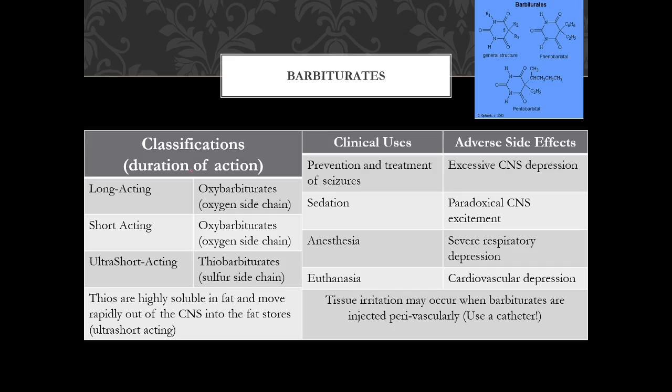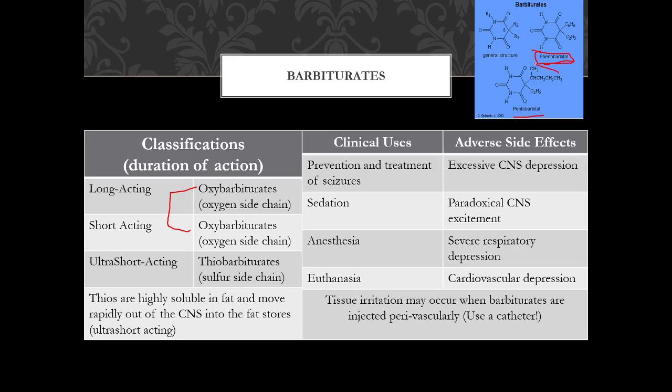The long-acting and short-acting are both oxybarbiturates. They have an oxygen side chain, so this is the general structure. This is what phenobarbital looks like, and this is what pentobarbital looks like. Phenobarbital is used as an anticonvulsant.